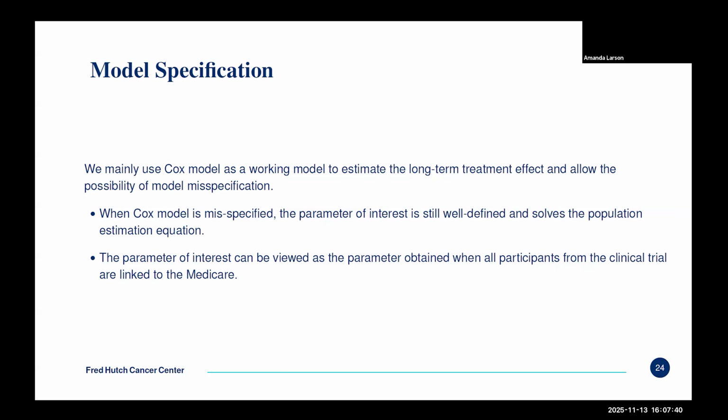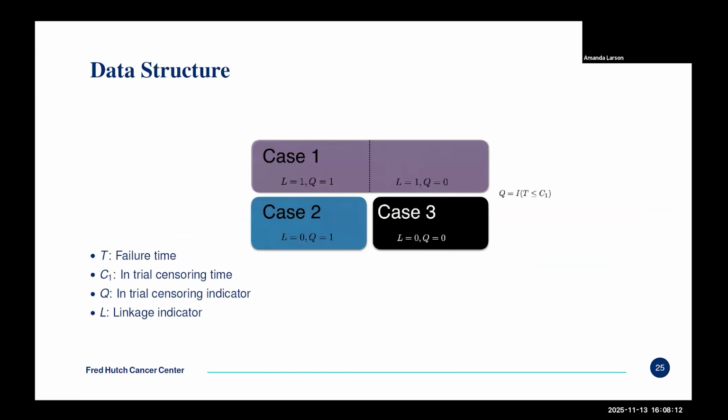Regarding model specification, because we use the Cox model to define the long-term effects, there might be some model misspecification, but even if the Cox model is misspecified, this parameter is still well defined. I think going with the Cox model is also because it's still widely used and well accepted by collaborators.